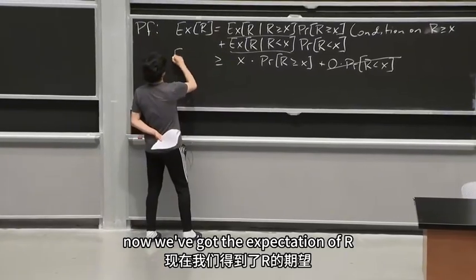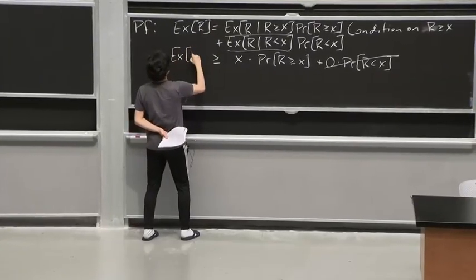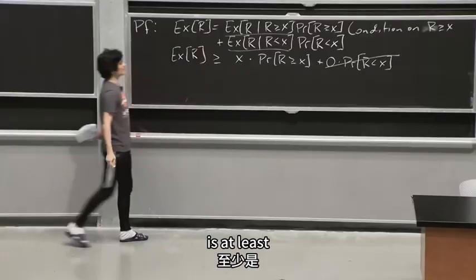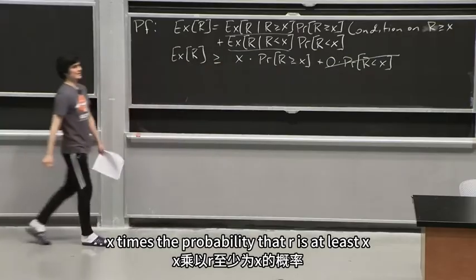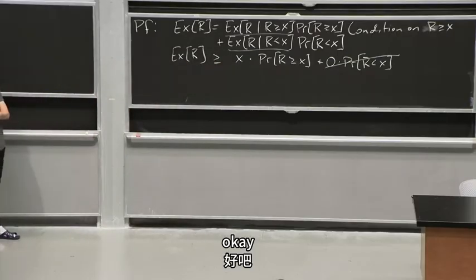Now we've got the expectation of R is at least x times the probability that R is at least x. Okay?